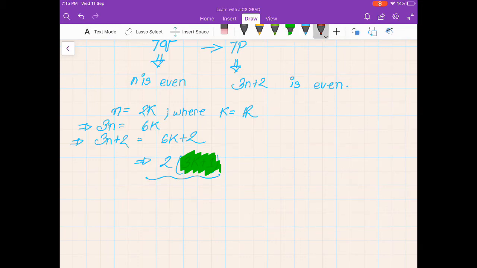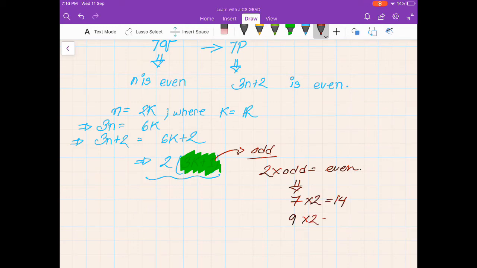So this whole thing is an even number, because if you multiply anything with 2, you would get an even number. For example, if the number is 7 and you multiply it with 2, it would be 14. And again, 9 with 2 would be 18. So the number that we get would always be even.